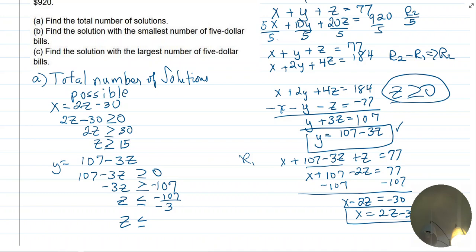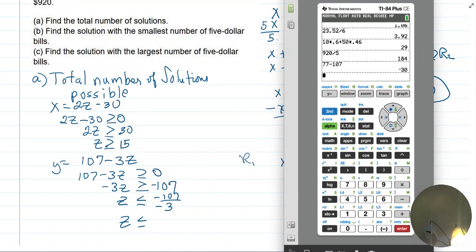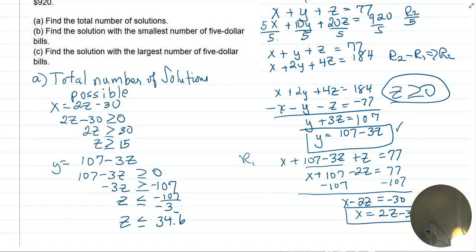And if I do that math, I'm going to get a decimal, but I want to know what it's going to be. It's going to be a positive 107 divided by 3, and I get 34 and 6 over, right? So now, what happens here?